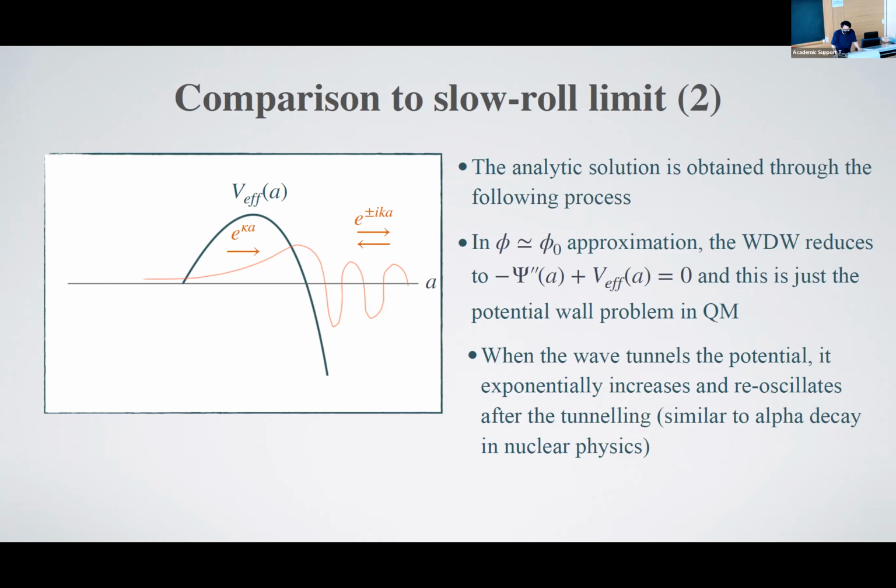But this is just the potential barrier problem in quantum mechanics, like the left figure. It's very similar to alpha decay in nuclear physics. When the wave hits the potential barrier, it exponentially decreases and then oscillates again after the tunneling.